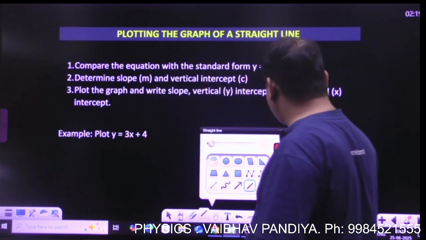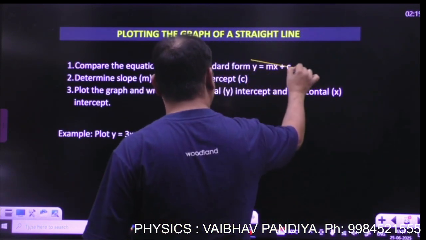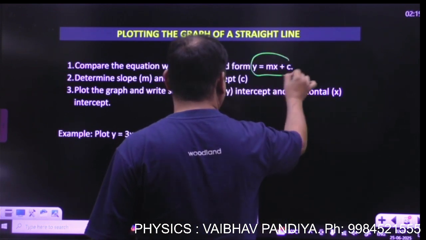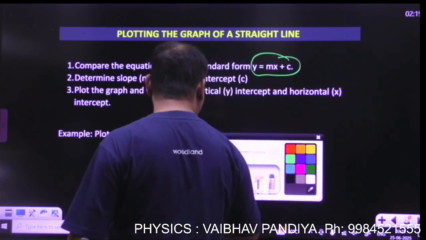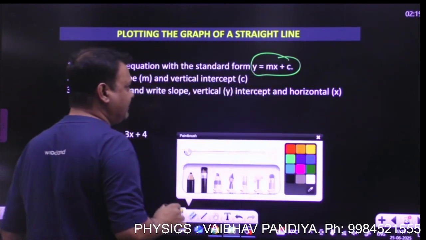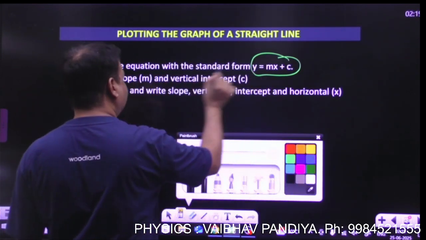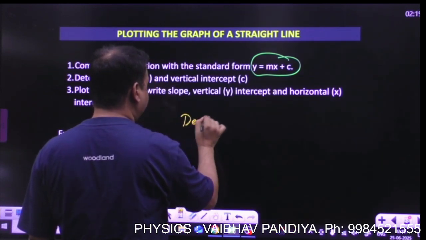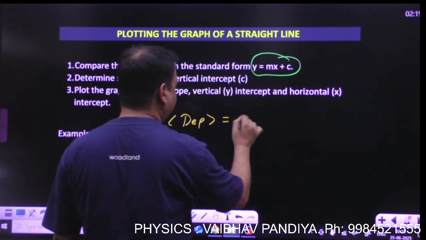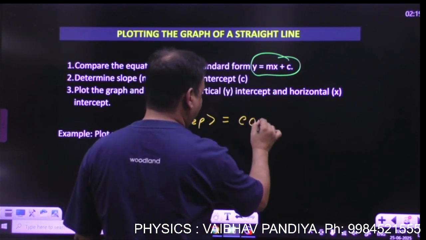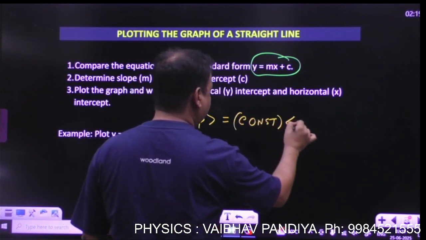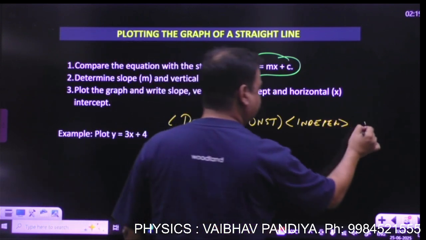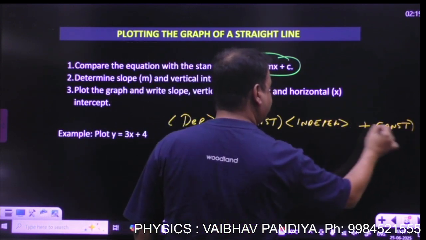As I told you, just for understanding, we are taking the prototype, the model as y as a function of x. That means we are dealing with a model in which y is the dependent variable and x is the independent variable. So write your equation in this form. Dependent variable is equal to some constant into independent variable plus some another constant.